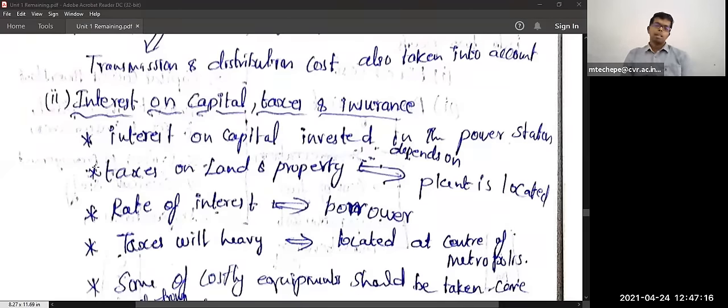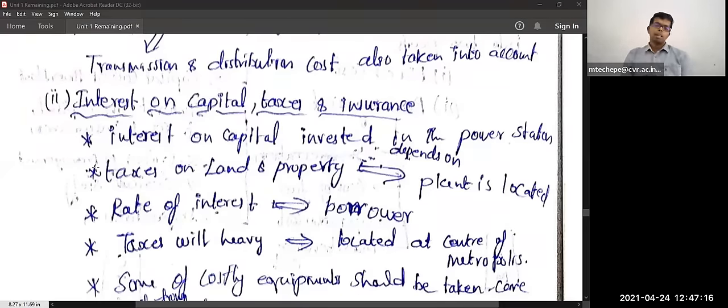So that is there. Then next is tax on the land and the property. Sometimes you want to construct a substation in the heart of the city.